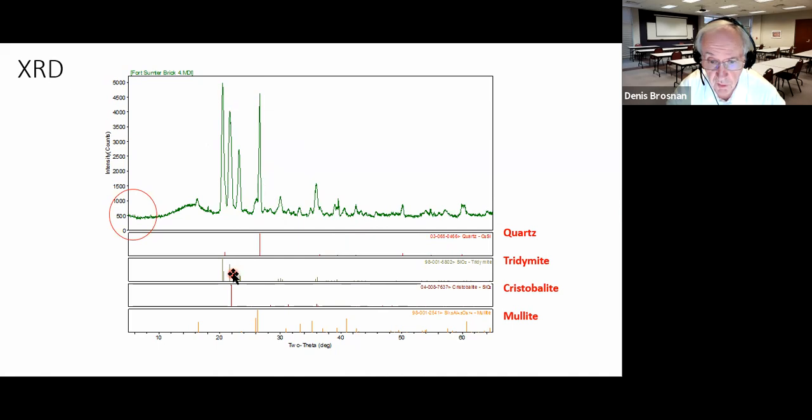In this case, the machine identified some tridymite and some cristobalite along with mullite. The glass phase is not identified because it's amorphous, but it does give us some low angle scattering, and some of the modern instruments can quantify this amount of glass phase.